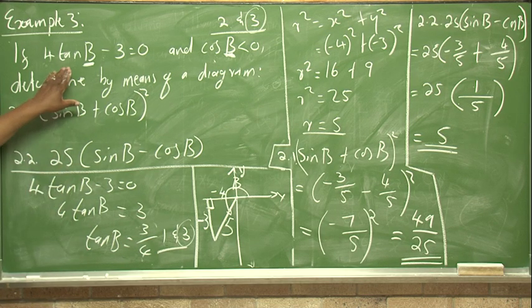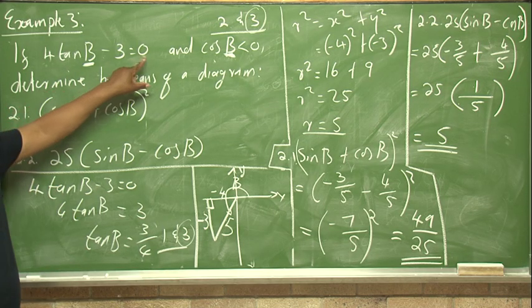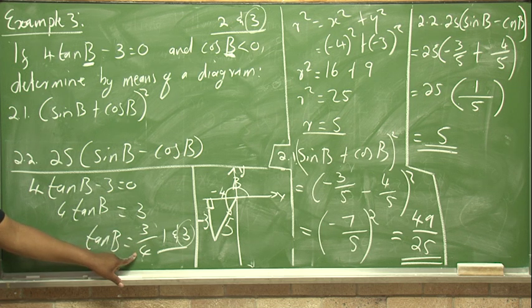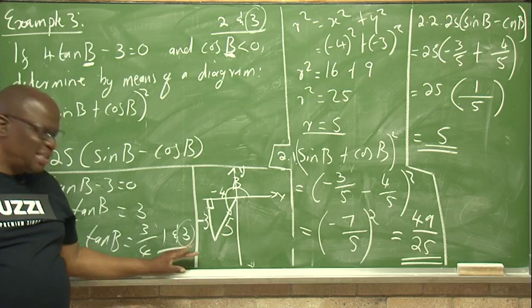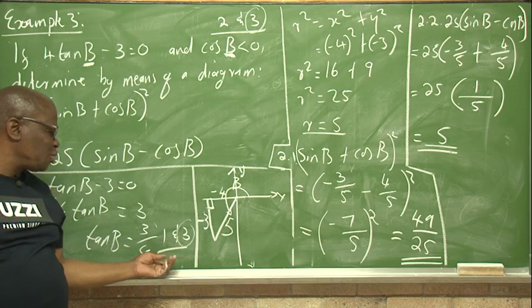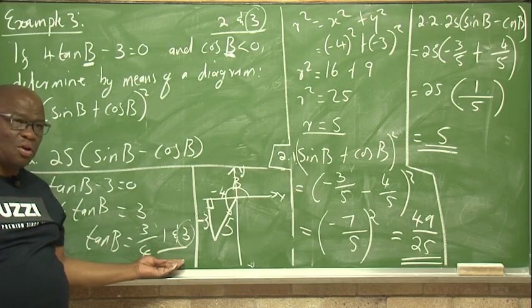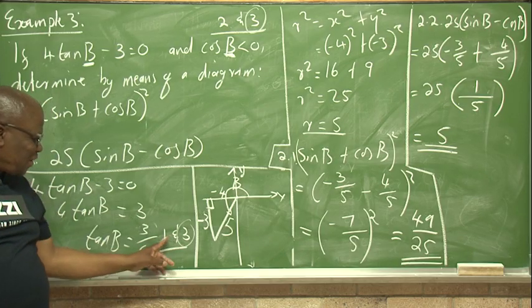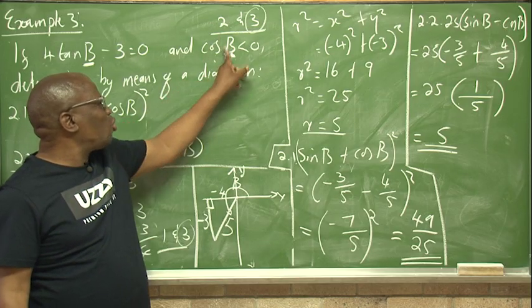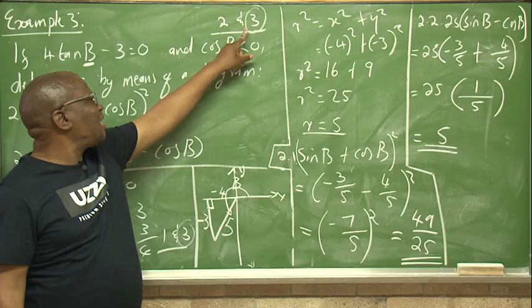In the CAST diagram example, we had 4 tan b minus 3 is equals to 0. Where did it lead us? Tan b being 3 over 4. Once you have this ratio as positive, in which quadrants? It's either the first or the third, according to the CAST diagram, where the right-angled triangle must be drawn. But if you read this one, cos beta is less than 0, second and third.